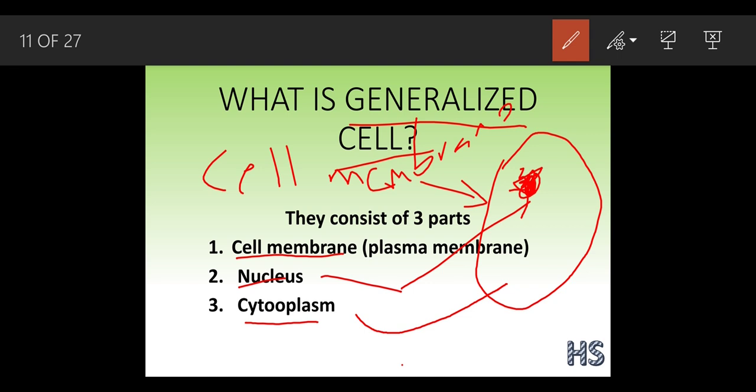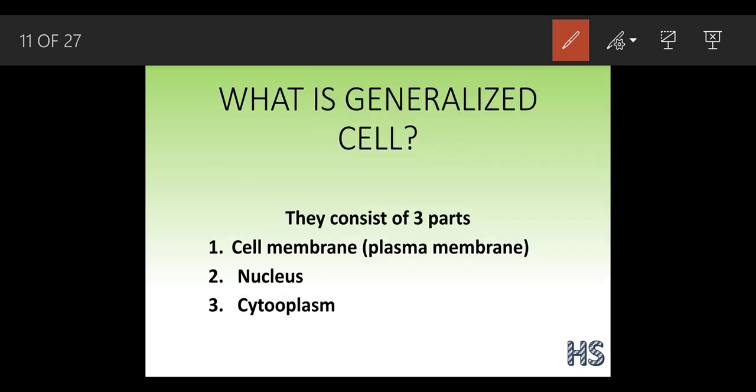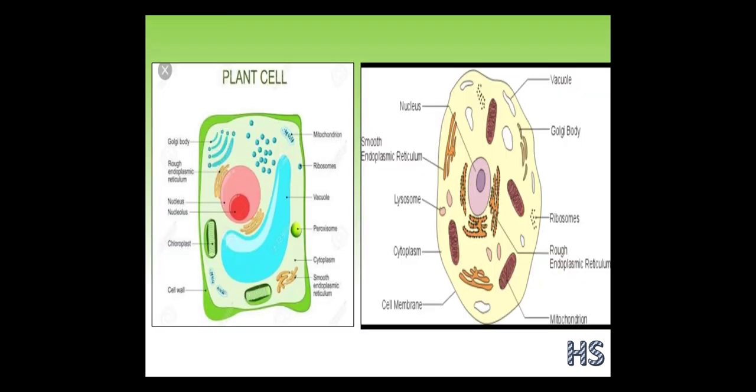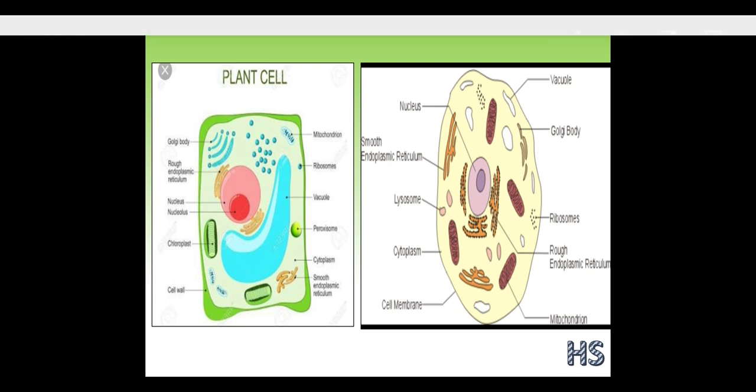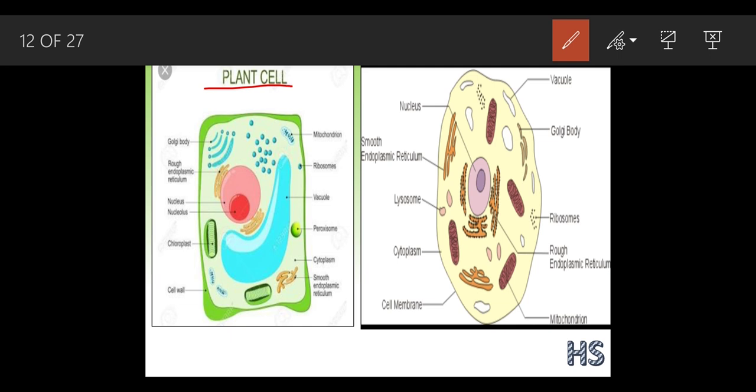So what do you mean by a generalized cell? A generalized cell means a basic cell. Each and every cell should have these three features: a cell membrane for sure, a nucleus and cytoplasm. Why the nucleus is there, we are going to understand in detail. See, this is the basic structure. This is a plant cell and this is an animal cell.